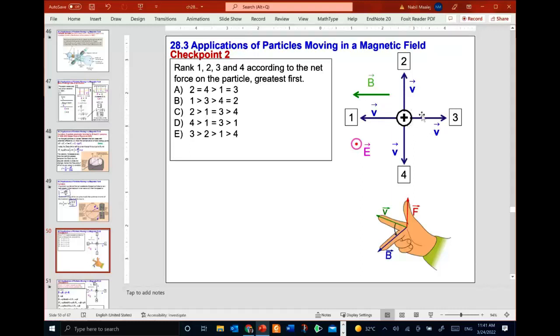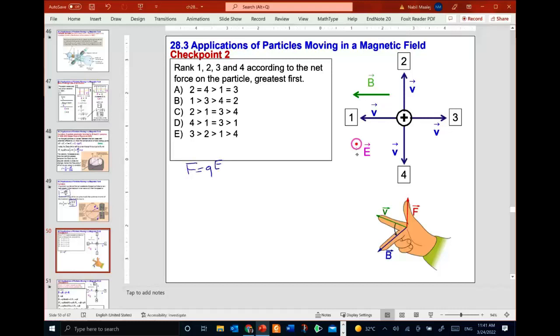Obviously we have to do it step by step. This is not something you can just guess, so we go step by step. First of all, we need to determine the electrostatic force. The electrostatic force F is equal to QE.